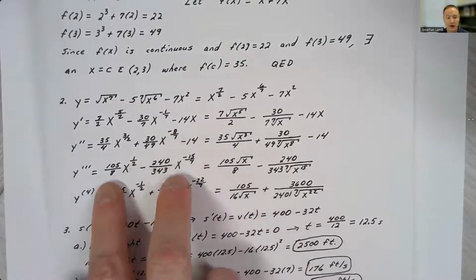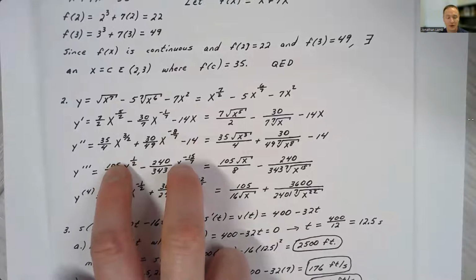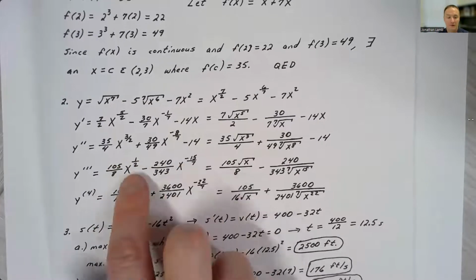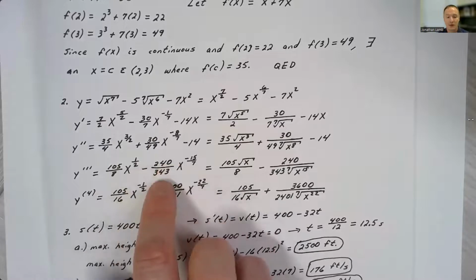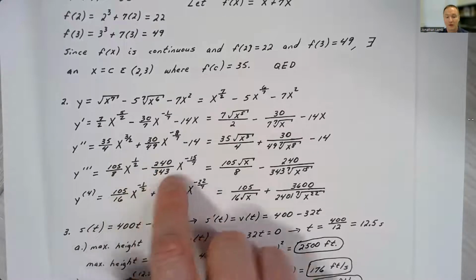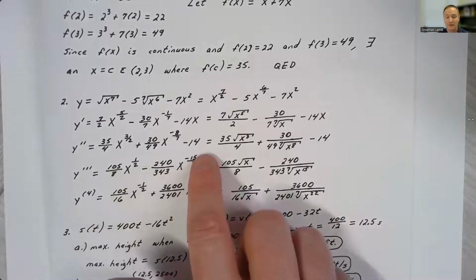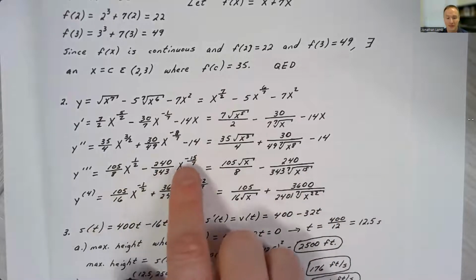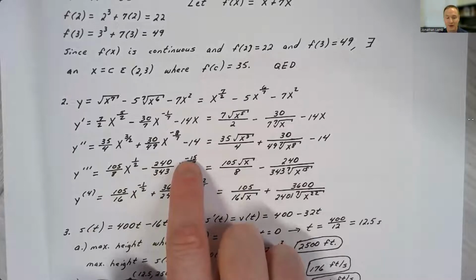So now just rewriting this first term is going to be 105 on the square root of x to the 1st over 8. Second term, minus 240 over 343 on the 7th root of x to the 15th, all down there. And again, remember, that's in the denominator because the x had a negative exponent.